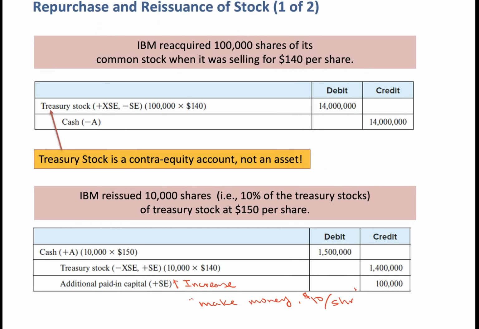When a company repurchases, for example, IBM reacquired 100,000 shares of the common stock when it was selling for $140 per share, IBM paid cash for the 100,000 shares multiplied by $140 per share, that's $14 million. And IBM would debit something called treasury stock, which is not an asset account. Although a lot of my students thought it's an asset, it is not an asset account. It is a contra equity account, which means it's basically working against the equity.